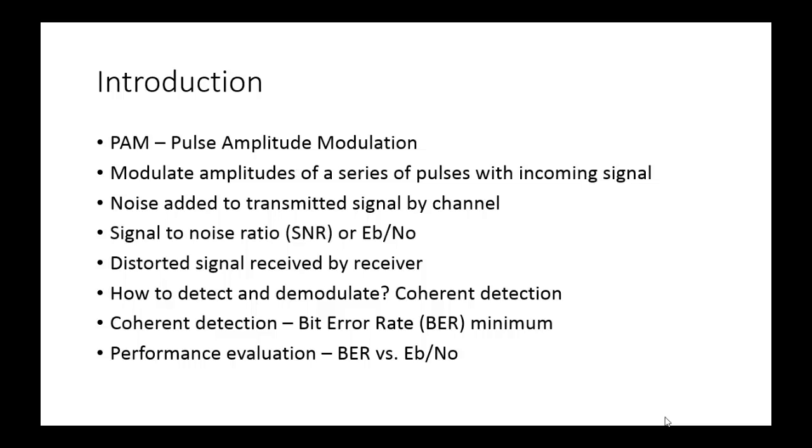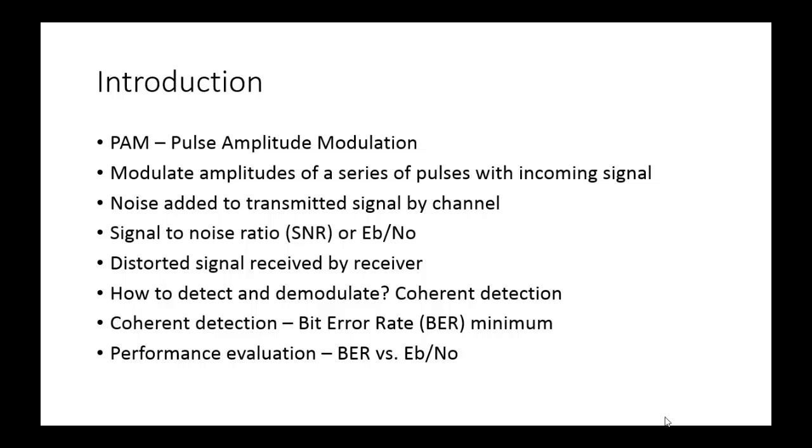The signal to noise ratio gives an idea of how strong the signal is as compared to the background noise. The distorted signal then reaches the receiver. Now the question arises how to demodulate the signal so as to recover the original signal.